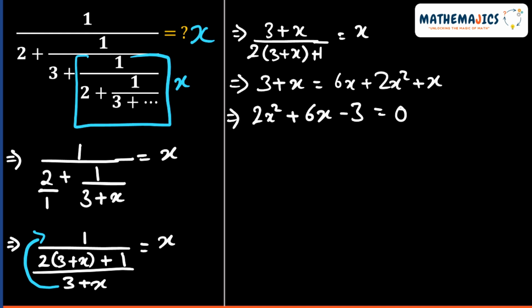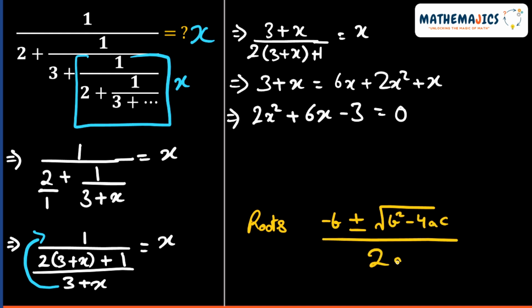After this, we will be using the quadratic root formula. What is that? According to that formula, roots of a quadratic equation will turn out to be minus b plus minus under root b square minus 4ac upon 2a. Correct? What is a, b and c here?